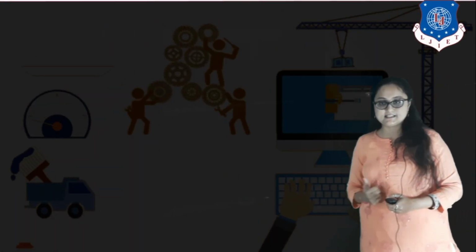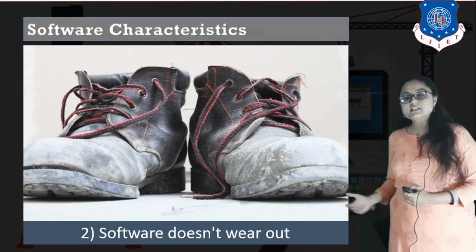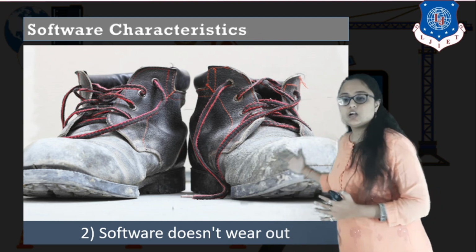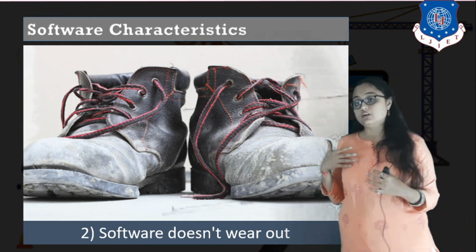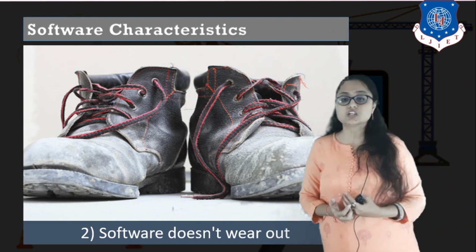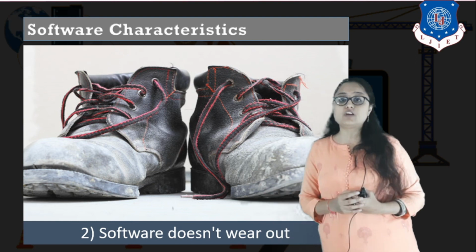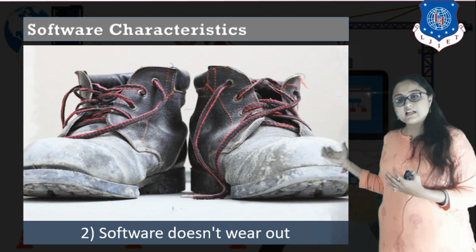That is the second characteristic. The third characteristic of software is that software doesn't wear out. Now what do you mean by wear out? You know that in hardware, let us take an example of boots, right? If you have fresh boots, they are not generally wearing out, but as time passes, due to environmental conditions, you know that these boots get rusted, right?